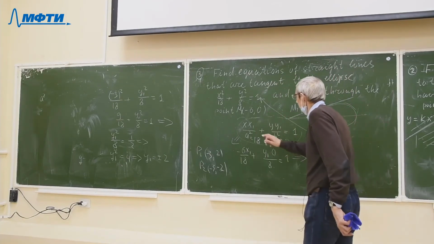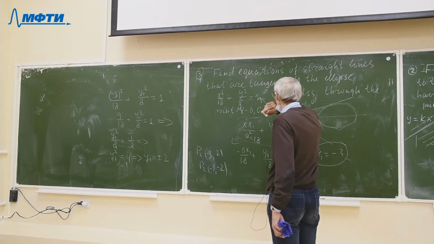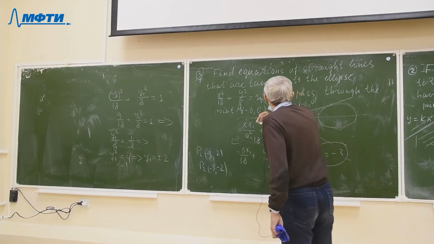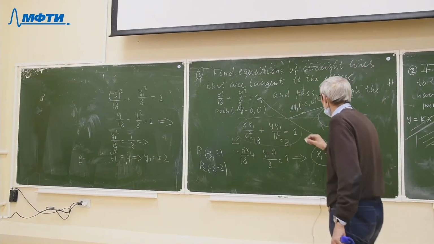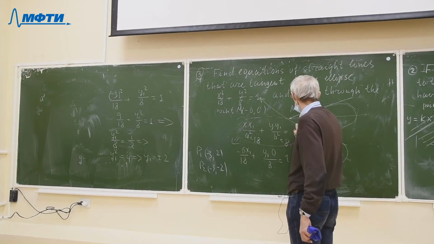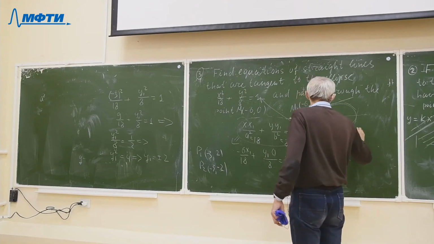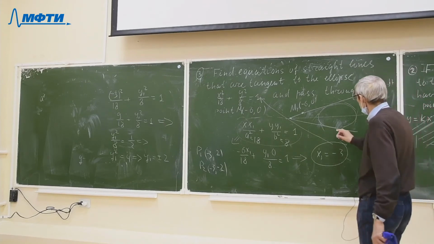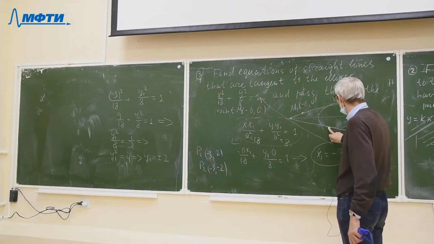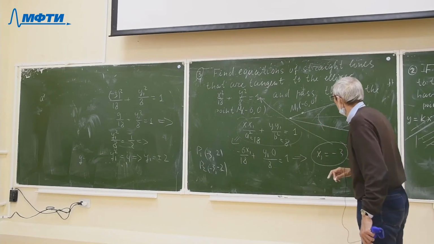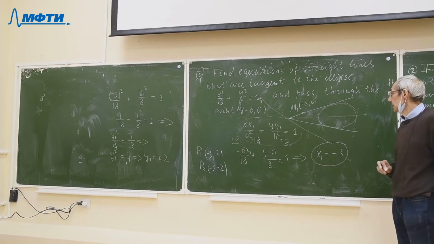Because the point lies on the axis OX, we have exactly two points of contact, and these tangents are symmetric relative to the axis OX.